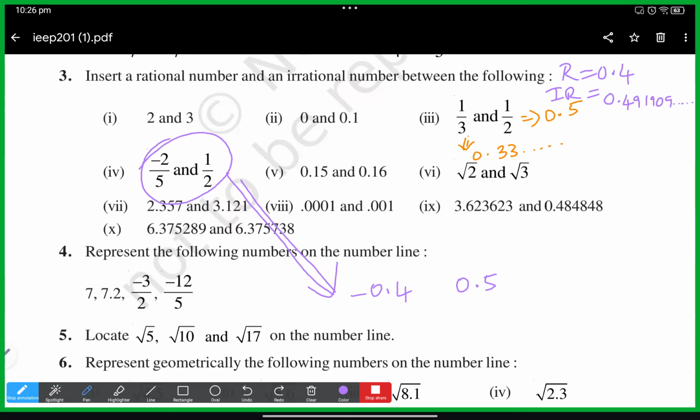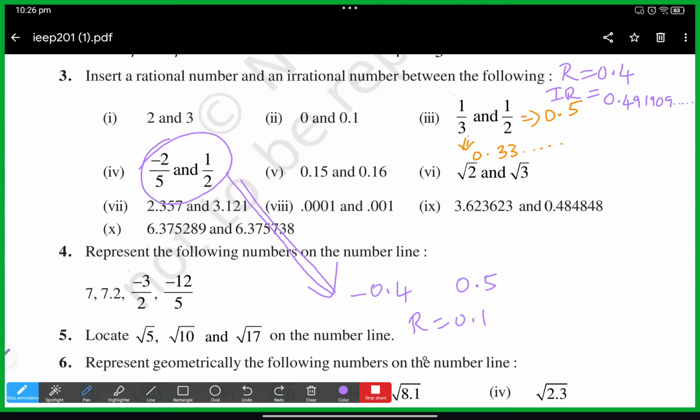So for a rational number, there's 0.1 or 0.2 or any other. Yes, Pranavi, 0.1 we can write as a rational number.